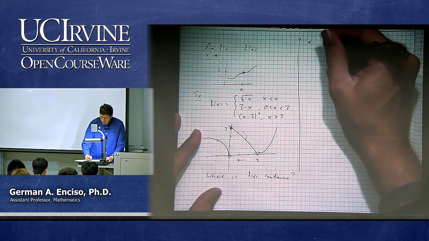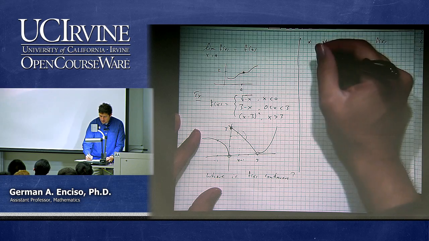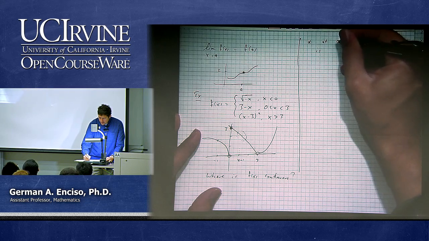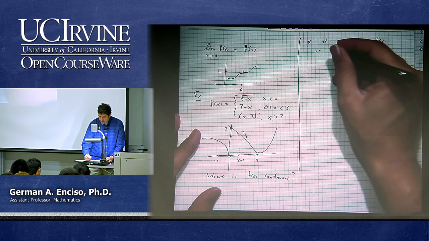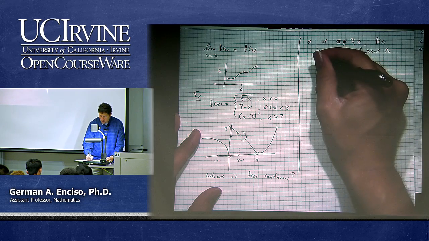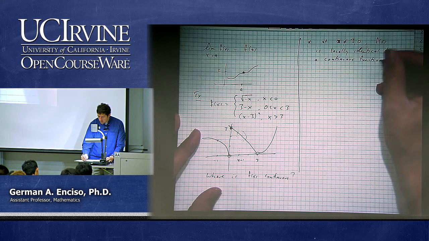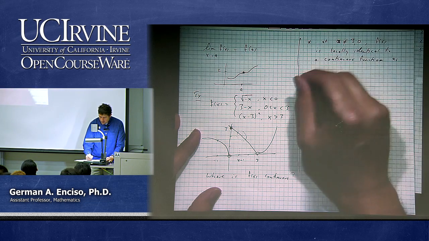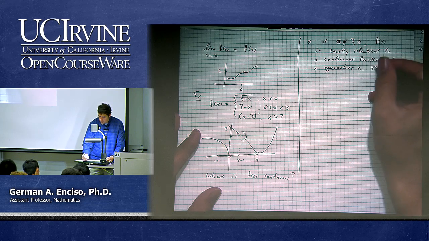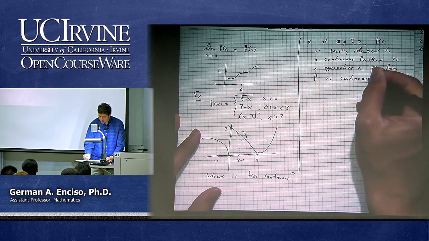So, at a different from 3 and 0, f of x is locally identical to a continuous function as x approaches a. Therefore, f is continuous at a.